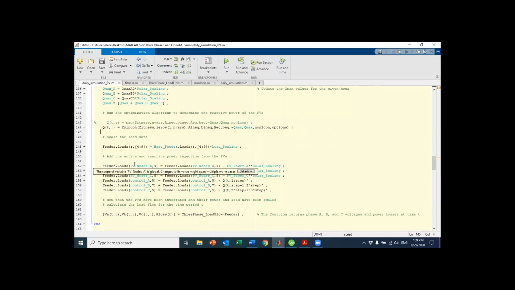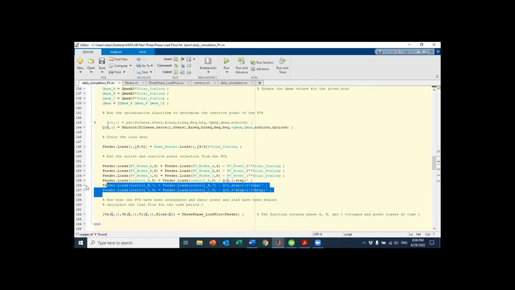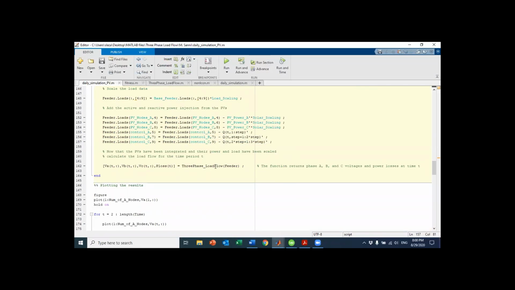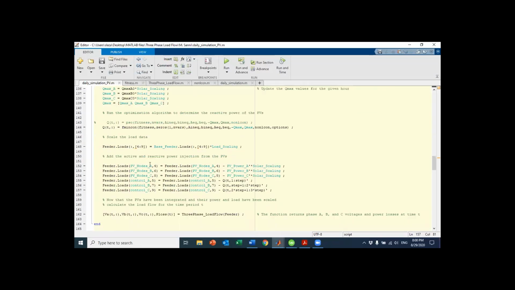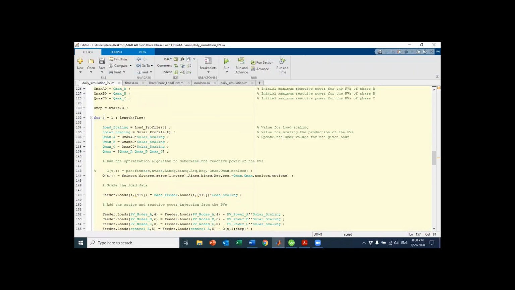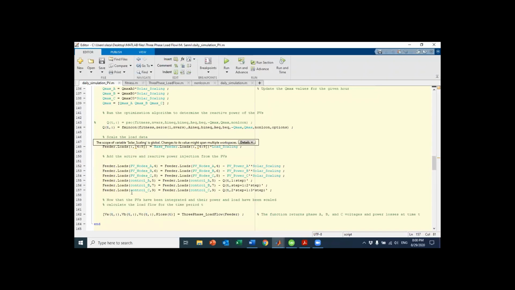Okay, so after the algorithm minimizes the objective functions and returns the reactive output of the PVs during the time t, we add the PVs to the loads in the system. So we subtract the production of the PVs from the reactive loads in the system, and we run the three-phase load flow. That is done for every interval t.